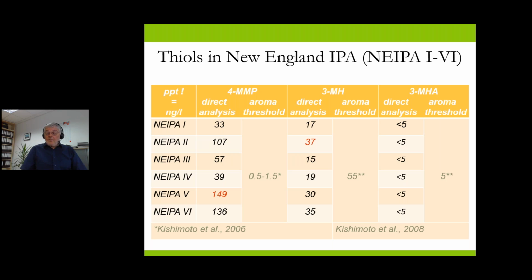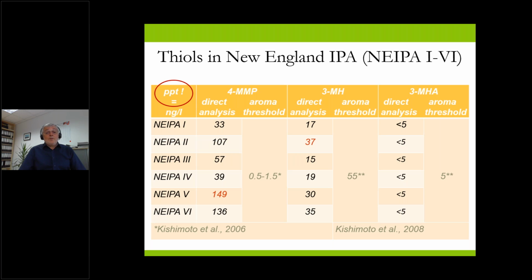And you see here, the concentrations are in ppt, nanogram per liter. Therefore, our headspace trap GC-MS method is not sensitive enough. Therefore, you need a more sophisticated equipment like the method of Niels Redberg.